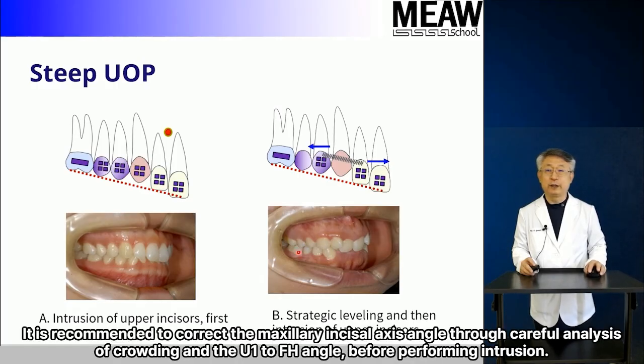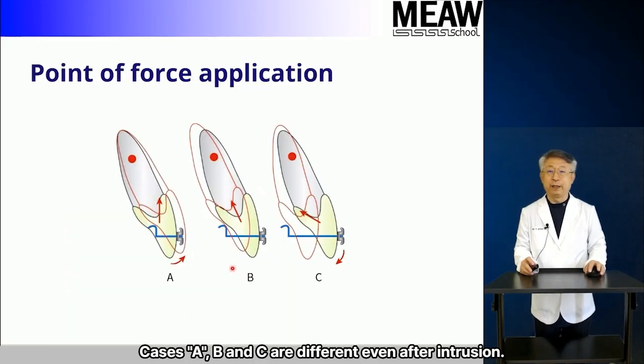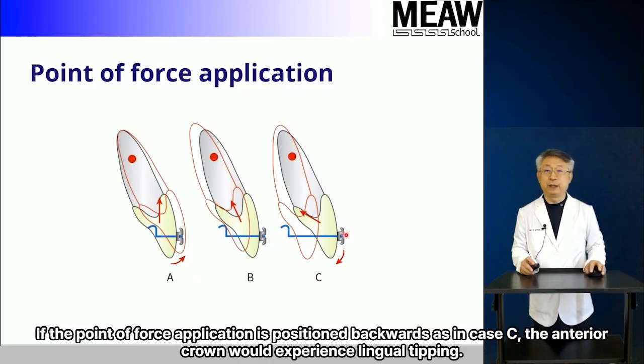It is recommended to correct the maxillary incisal axis angle through careful analysis of crowding and the U1 to FH angle before performing intrusion. Cases A, B, and C are different even after intrusion. If the point of force application is positioned backwards, as in case C, the anterior crown would experience lingual tipping.